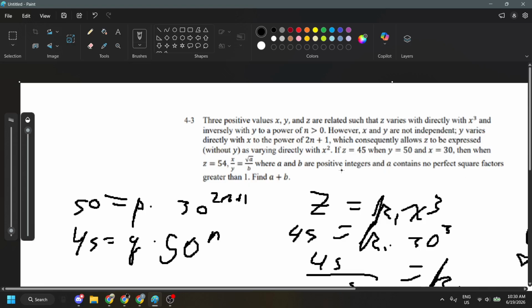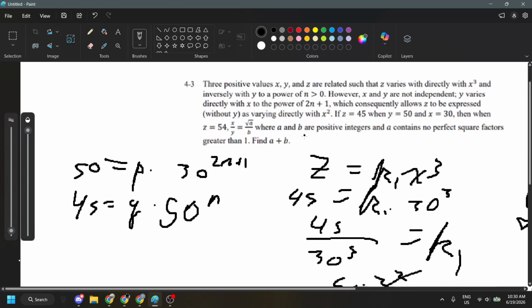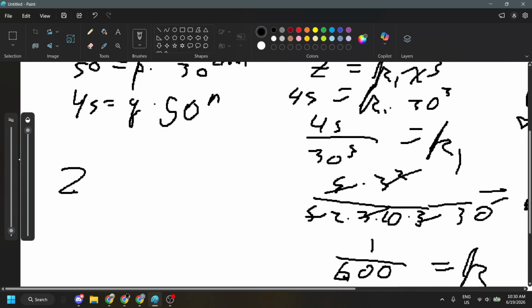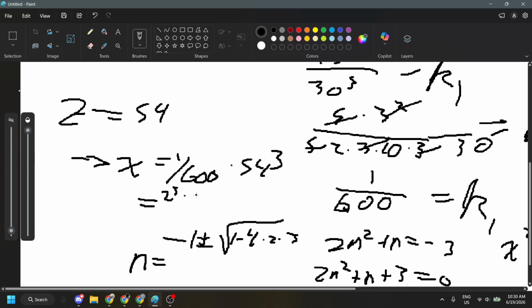Okay, maybe let's just try to find the ratio. Maybe we don't need to know half these things. So z is equal to 54. This means x cubed is equal to 1 over 600 times 54 cubed, where 54 is 2 times 27. So we have 2 cubed times 27 cubed, which is 3 to the 9.